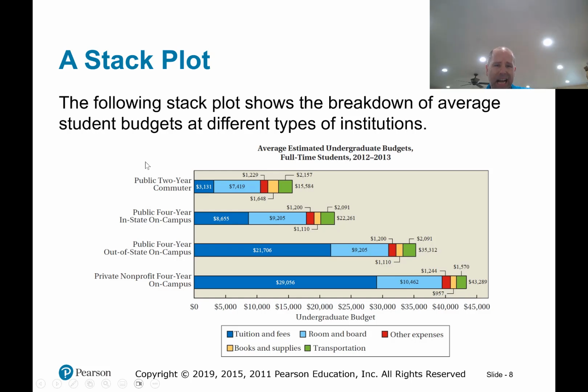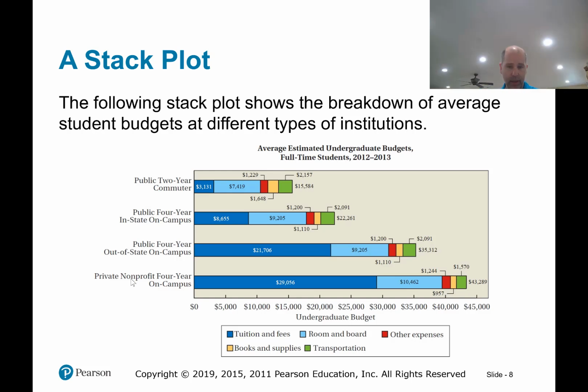All right, a stack plot. Here's an example of a stack plot. You've got expenses for college, to compare the different types of colleges: public 2-year commuter versus a public 4-year in-state on-campus student versus a public 4-year out-of-state on-campus student versus a private not-for-profit 4-year on-campus.